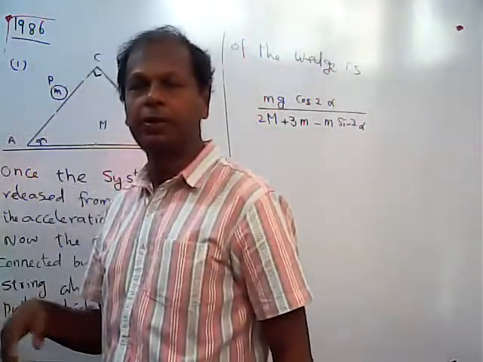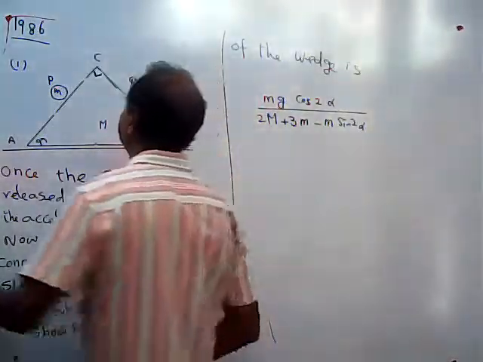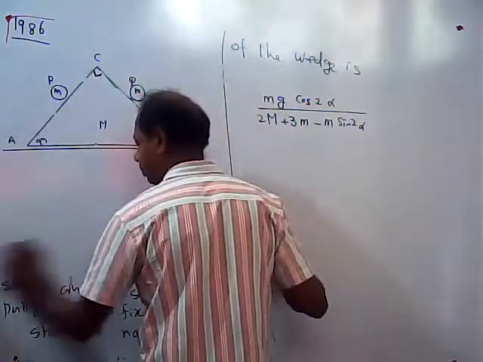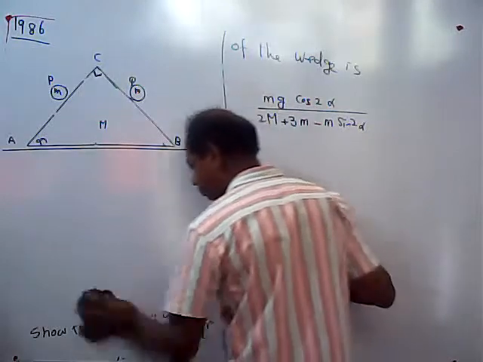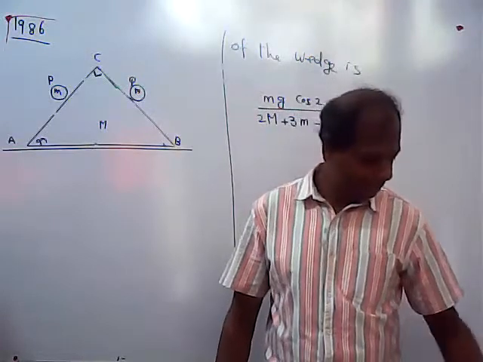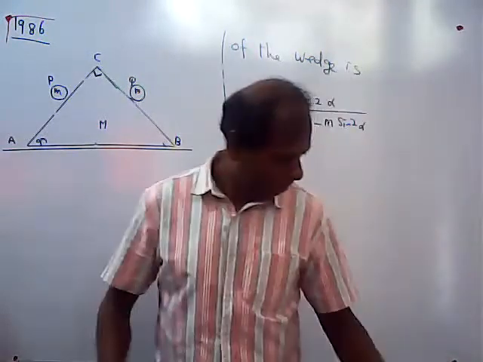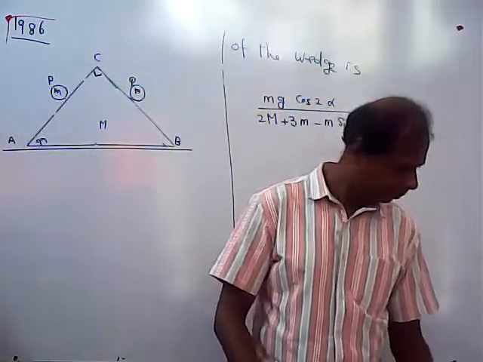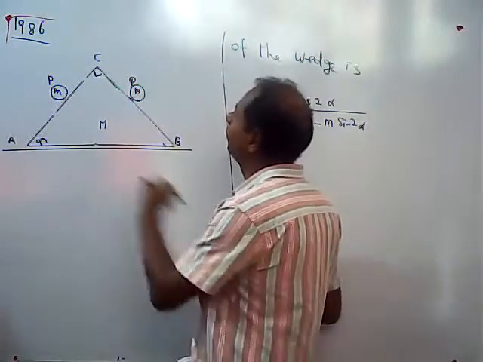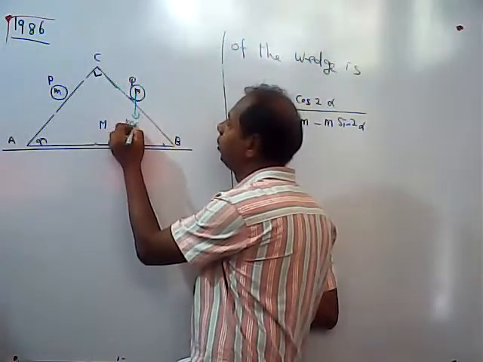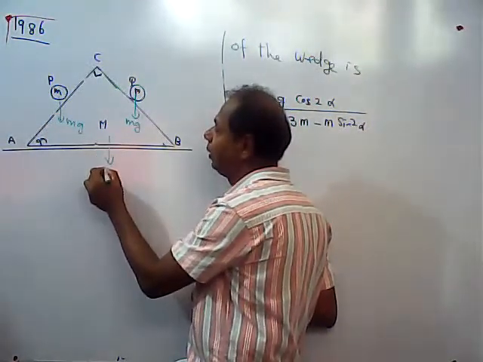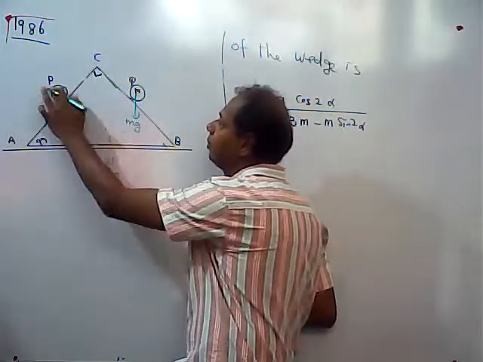So you have to start by marking the necessary things in the diagram. First, let's mark the forces acting on the system: the weight of particle Q, the weight of P, and the weight of the wedge, which we don't need.